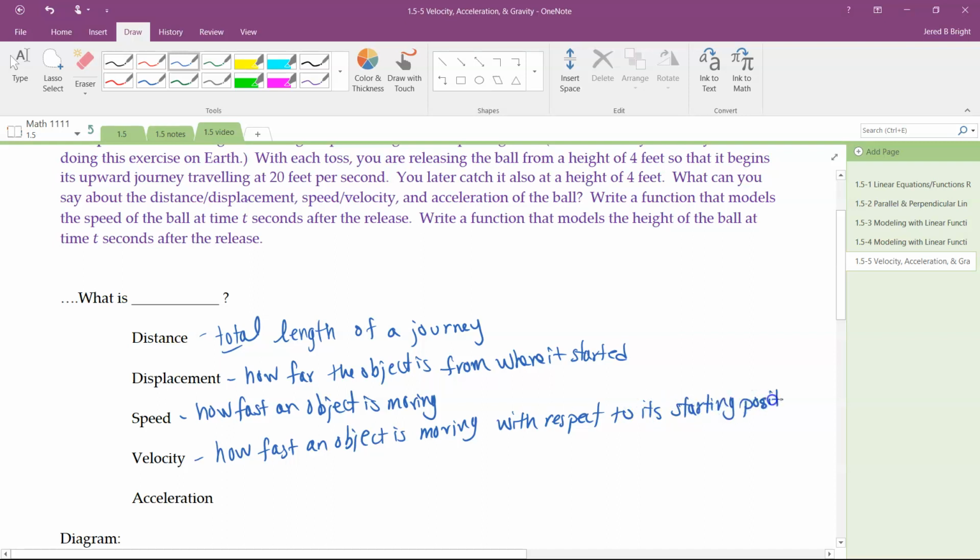So like displacement, with velocity we care where we are. We are comparing where we begin to where we are, or where we end. Okay. Acceleration, a nice easy definition of acceleration is how quickly an object's movement changes.